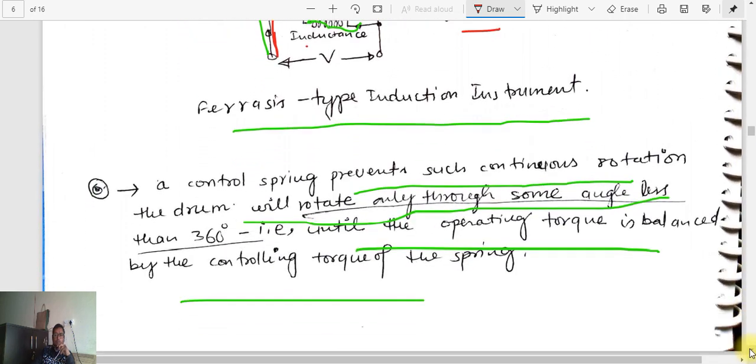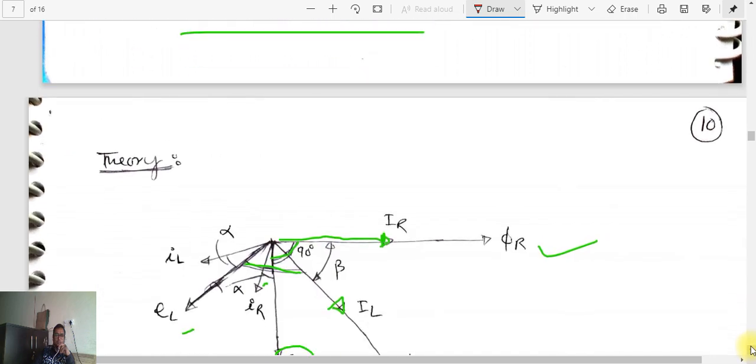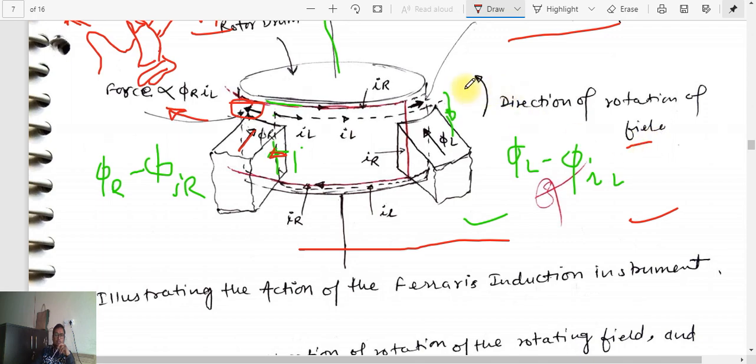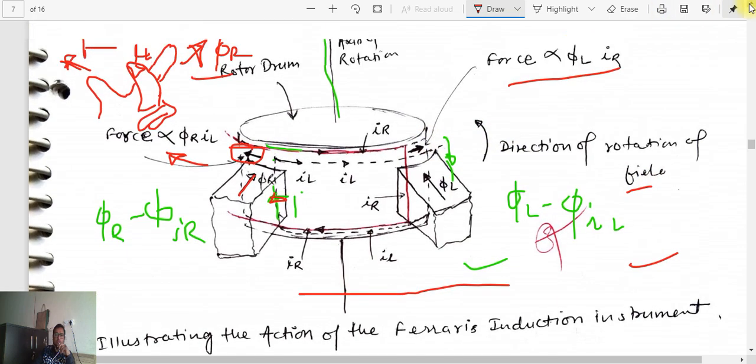which provides some angle between the two fluxes, and we work out the direction of rotation of the field like this, and two forces are generated.